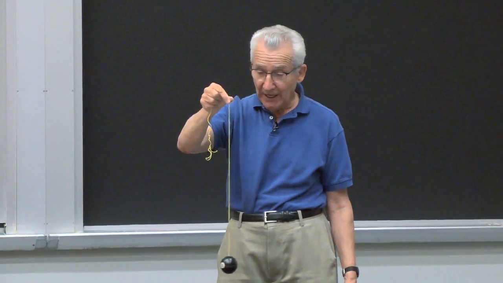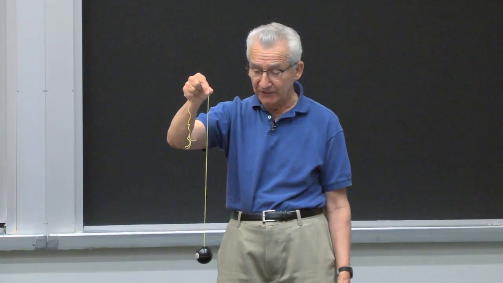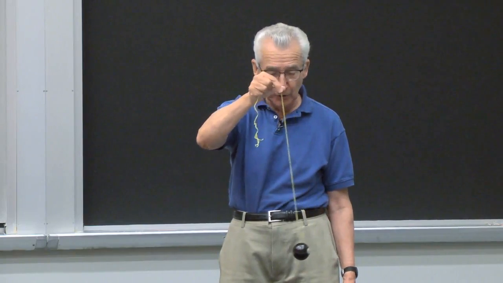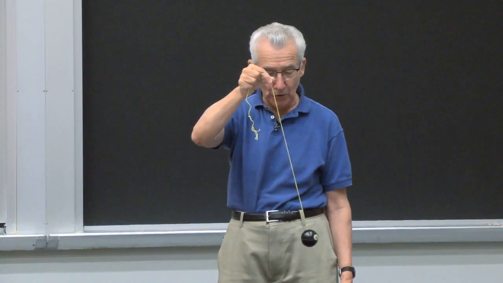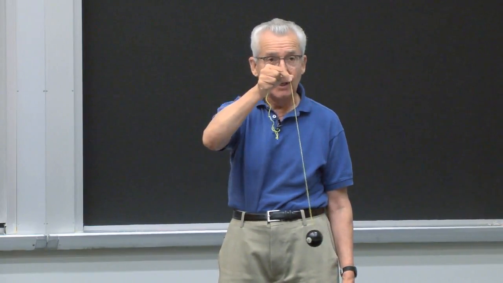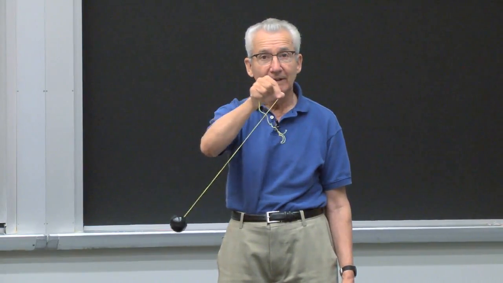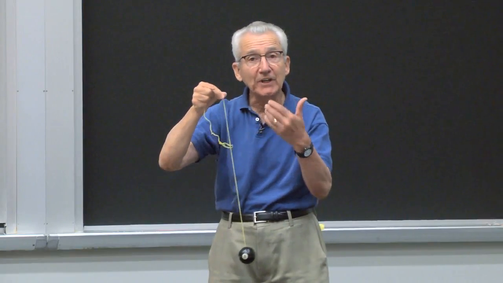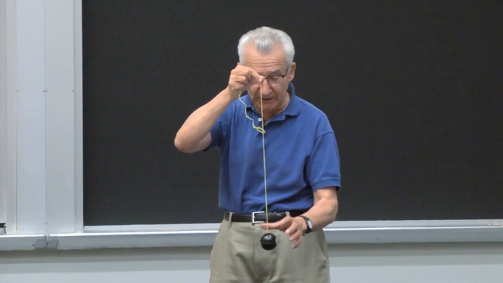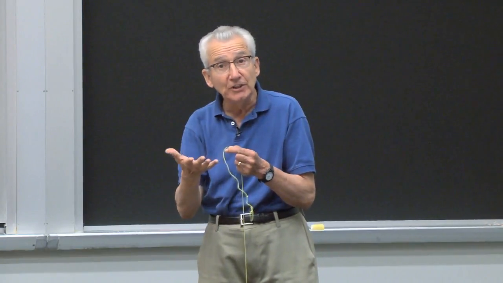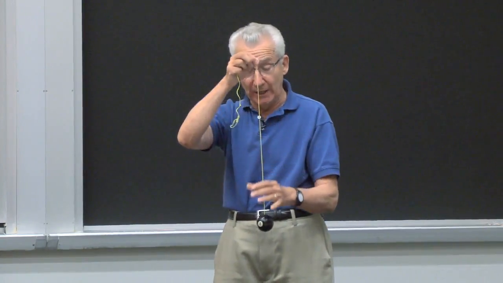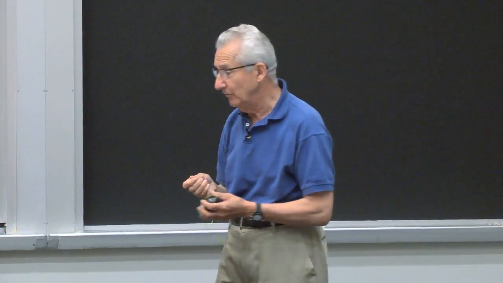And notice I can make all sorts of motion out of this. If I do it slowly, look, my hand and the ball are going in the same direction. If I go fast, they're going in opposite directions. The way this is oscillating depends on how I am moving my hand backward and forward.